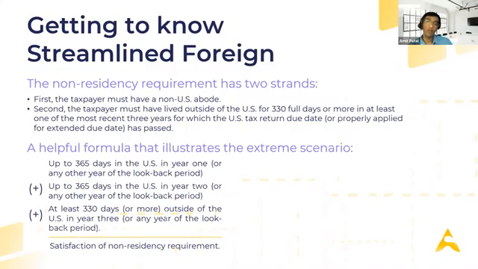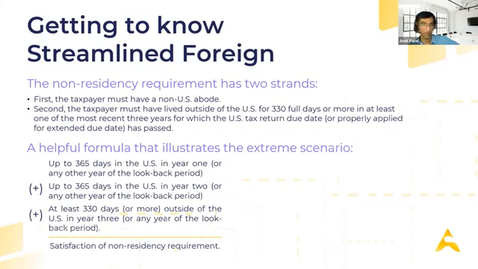For how many years are we filing a streamlined procedure? We are filing 3 years of tax return, right? And we are filing 6 years of the FBAR. So out of those 3 years for which you are filing, you must be living outside the US for at least one of those years for 330 full days.